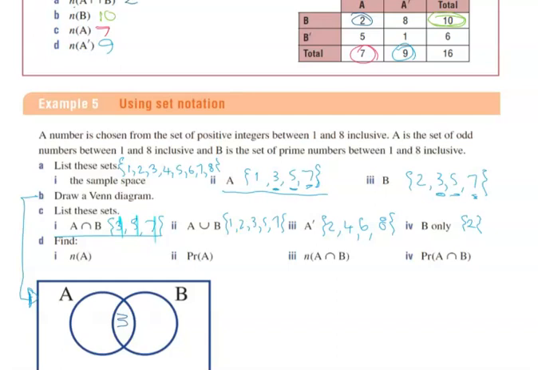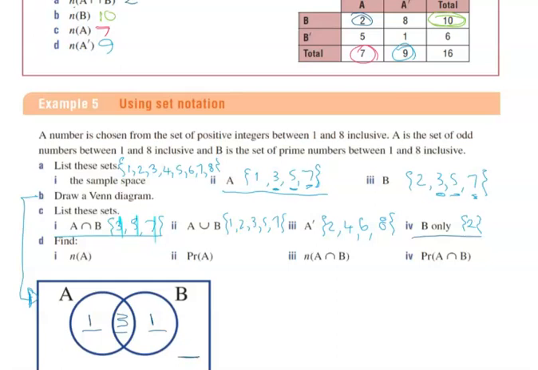Then we looked at A or B. We had 5 numbers. So the total of this number plus this number plus this number is going to be 5. Part 4, B only. There's only one number there, so this has to be a 1.